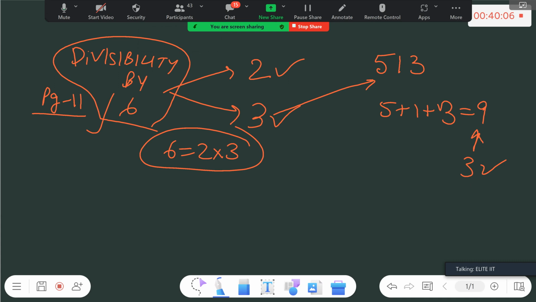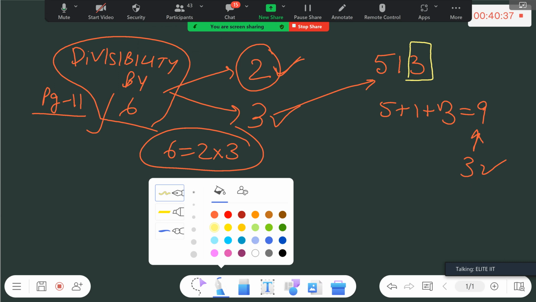Is 9 divisible by 3? Yes, sir. So this number 513 is actually divisible by 3. But is it divisible by 2? No, because for any number to be divisible by 2, the digit in the units place should be even or 0.